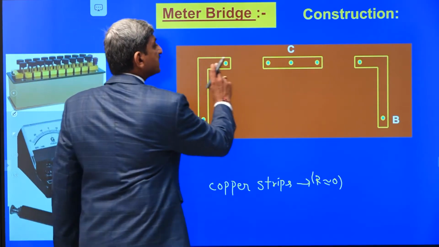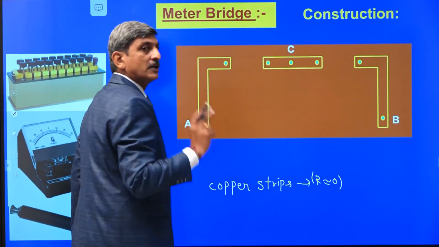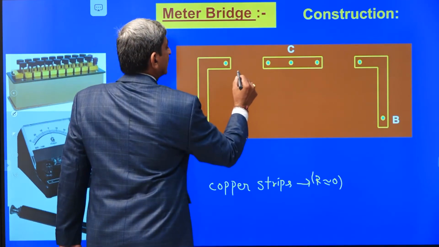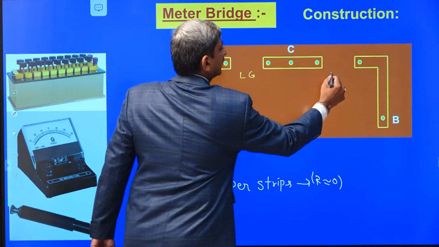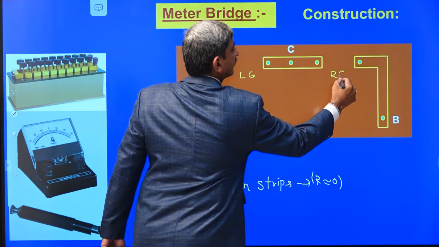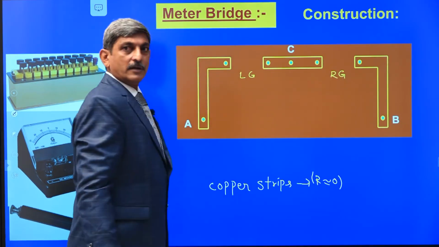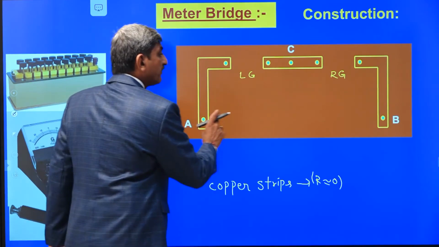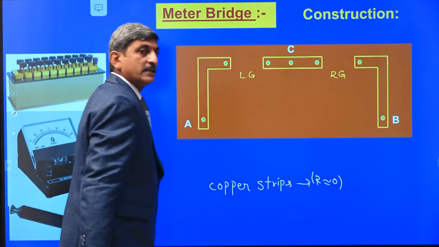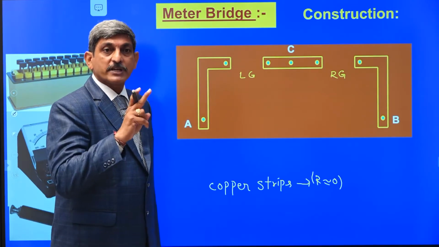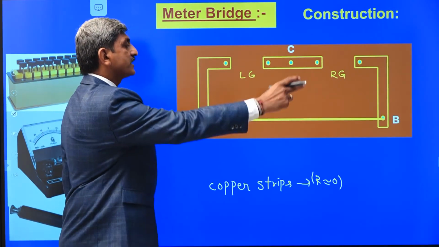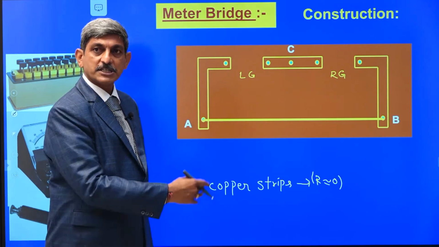See, between these strips, two gaps are formed. The two gaps are named as the left gap and the right gap. Now, in between these 2 points A and B, a manganese wire of a uniform cross section is tightly stretched. What is the specialty of that wire?